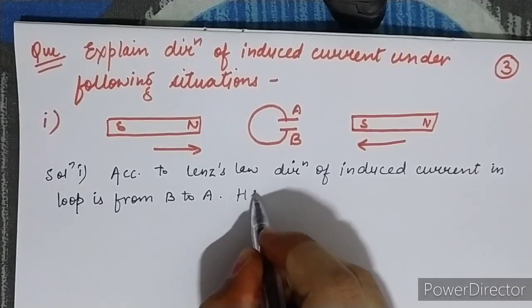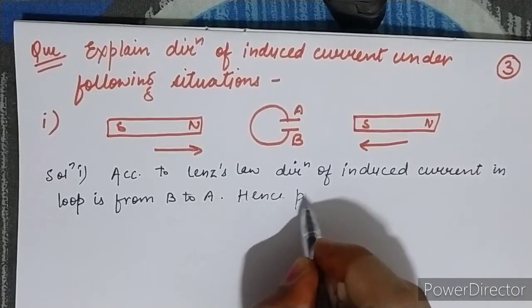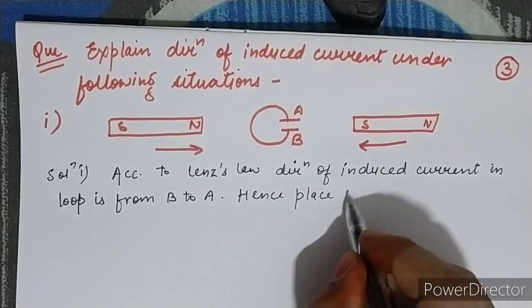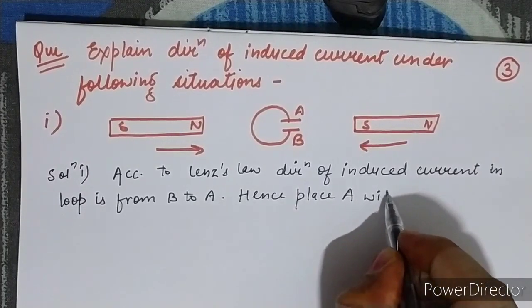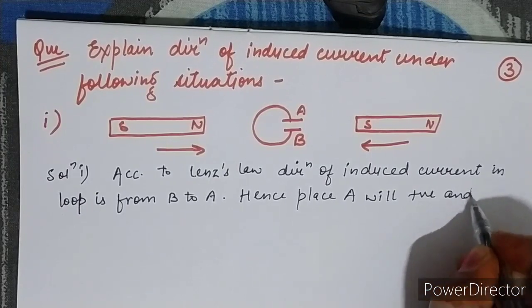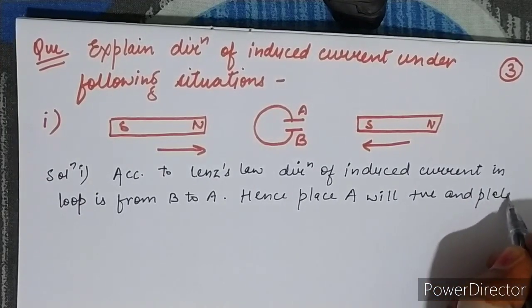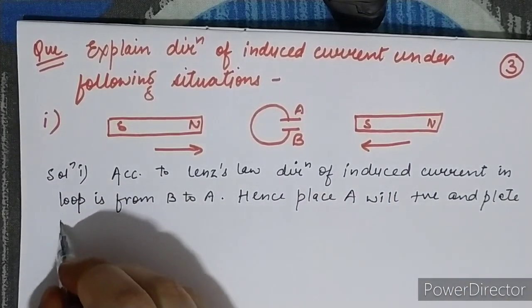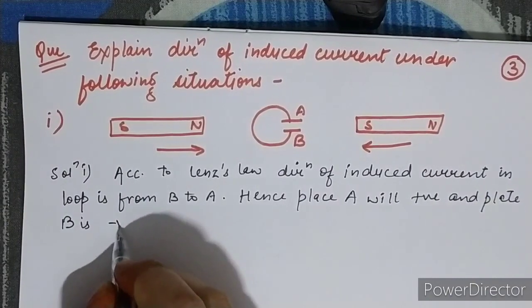Hence, plate A will be positive and plate B is negative.